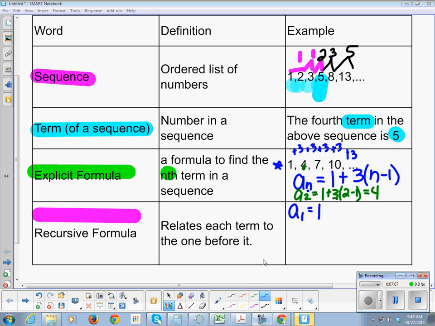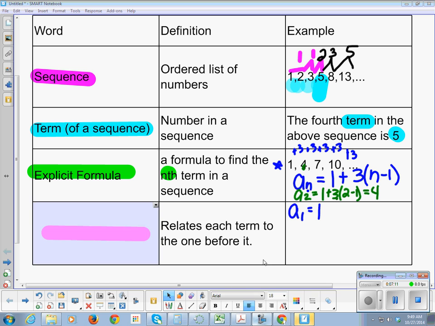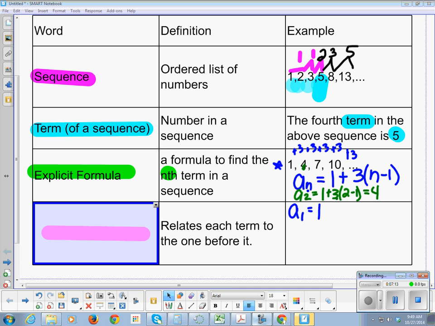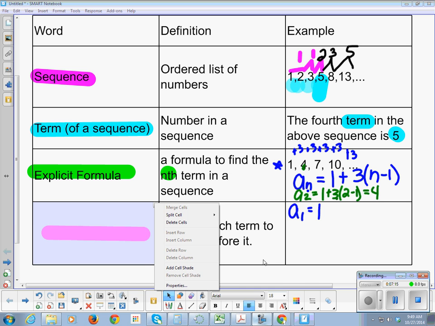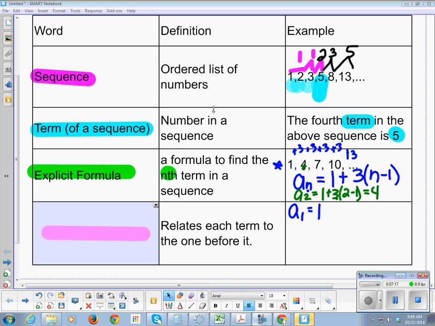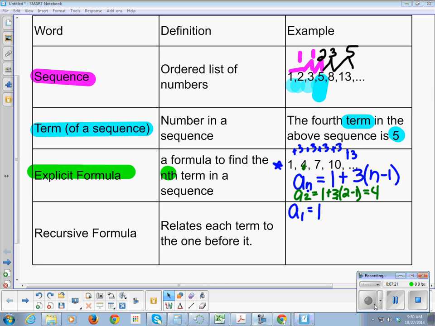Because a recursive formula relates each term to the one before it, if I don't have a starting term, I have no way to keep going.